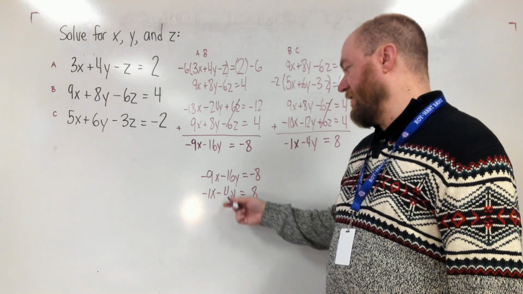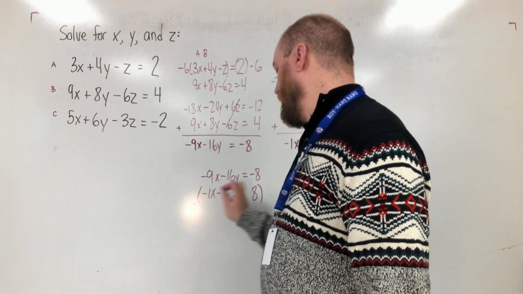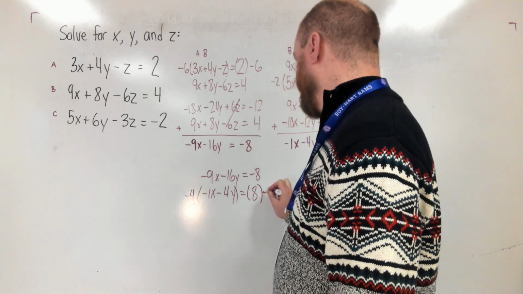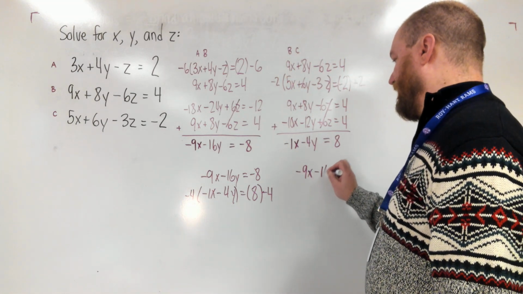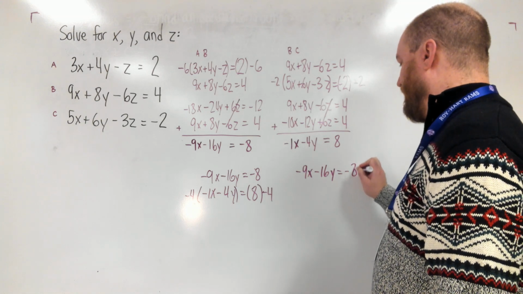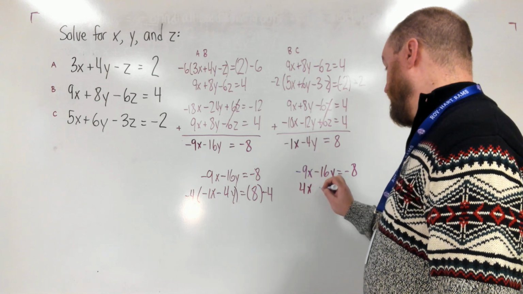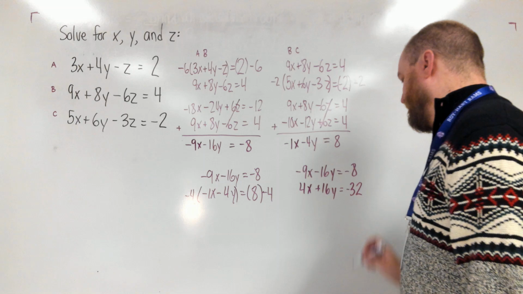To do that, I need them to be opposites. So I'm going to multiply this bottom equation by negative 4. That'll be negative 9x minus 16y equals negative 8, and then the bottom one will be 4x plus 16y equals negative 32.